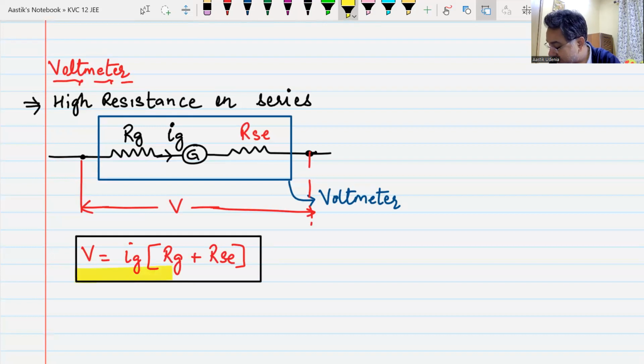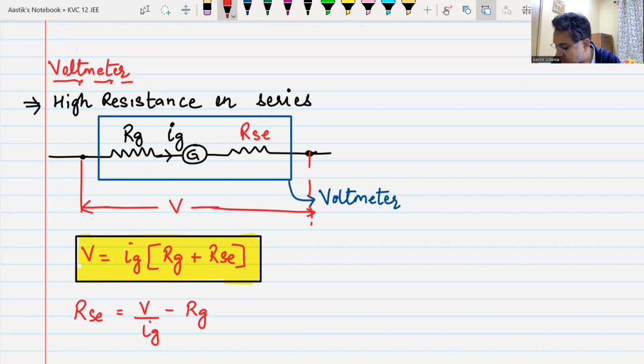From this equation, you can find out anything that you desire. Basically, you desire to find the value of R series. So you can write R series as V divided by Ig, minus Rg. That becomes the exact formula for calculating the series resistance.